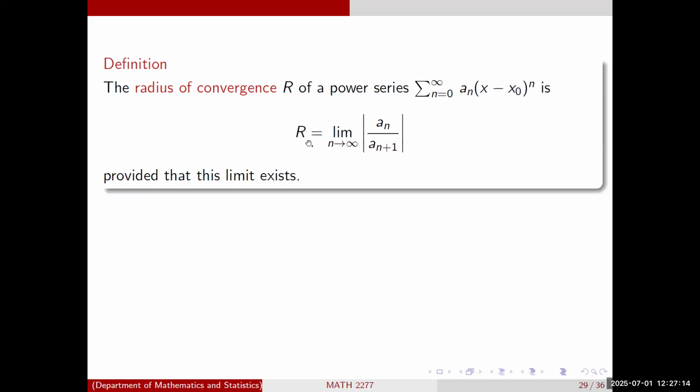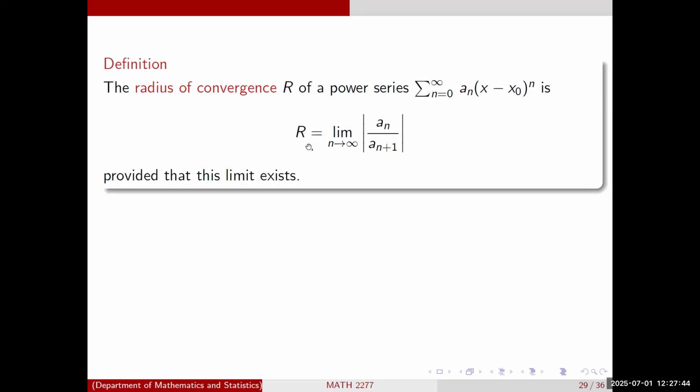In fact, if this value r turns out to be infinity, that is the best case scenario. It means that the power series will converge for every single x value you throw in. It doesn't matter the x value. So r equal infinity is the best case scenario.